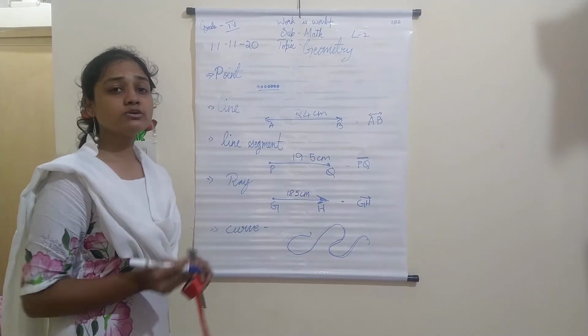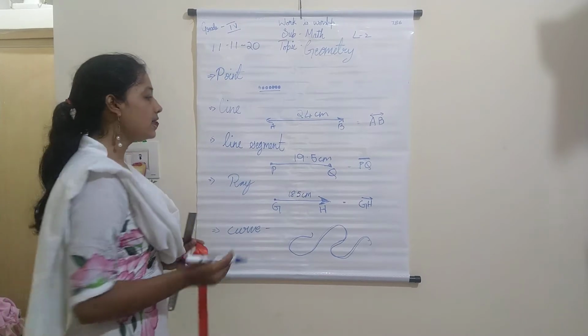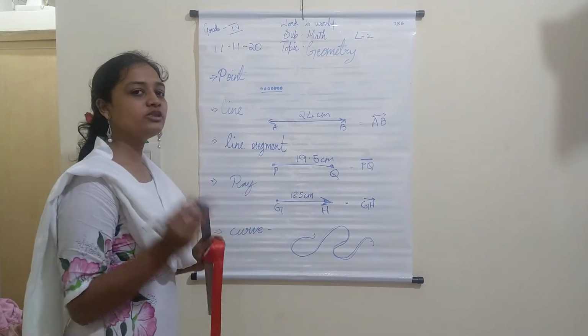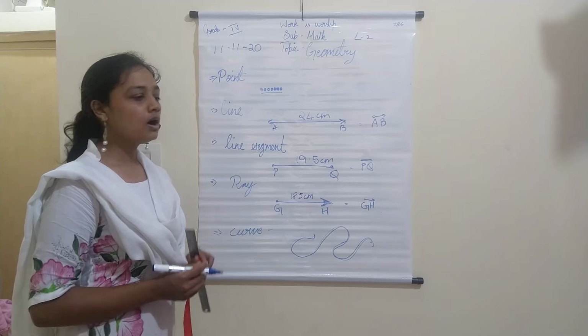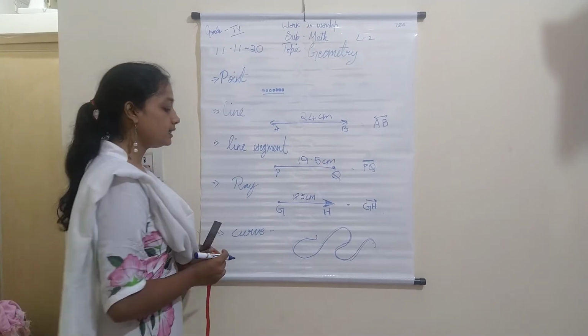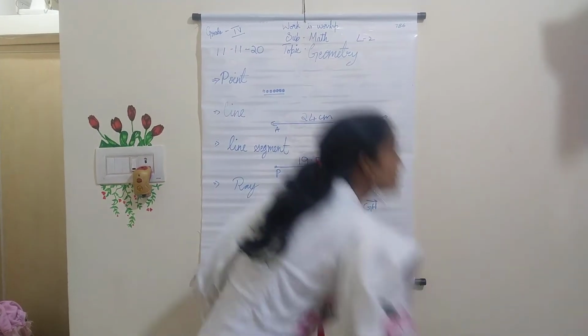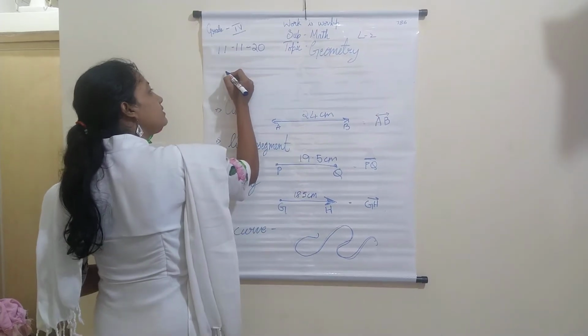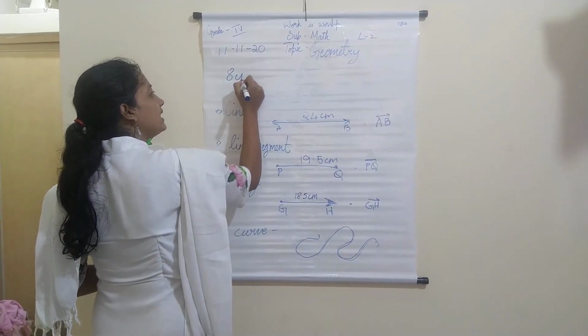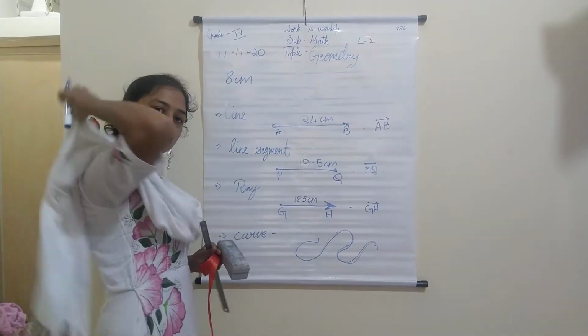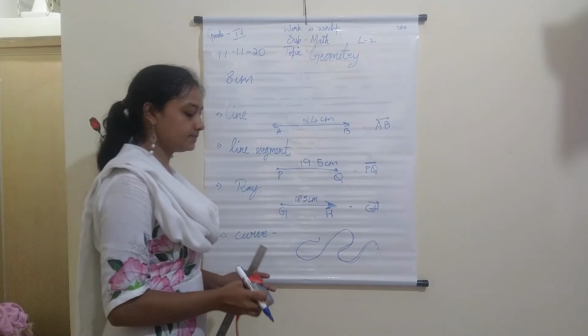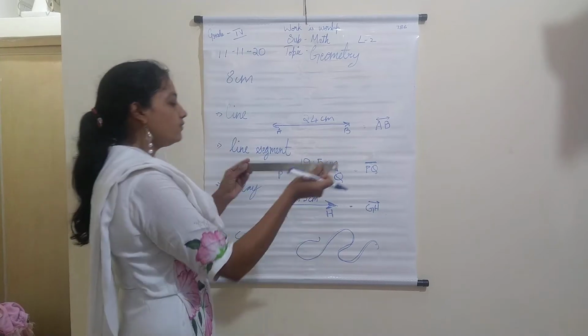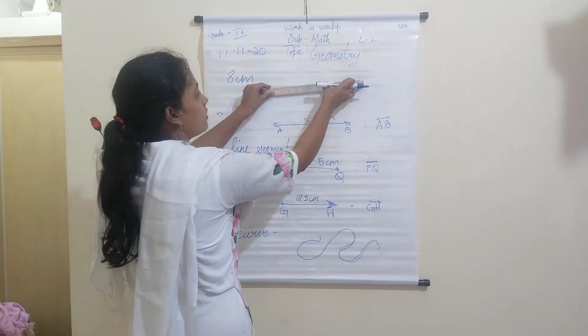Now, if you have to draw a line, where I give you the measurement and you should draw the line, how will you do that? It's very simple. For example, I will ask you to draw a line of 8 centimeters. So what you will do is, first keep your scale firm on your book.